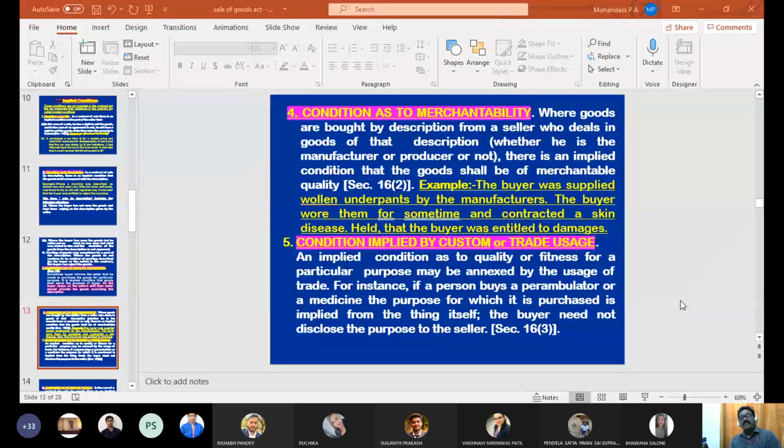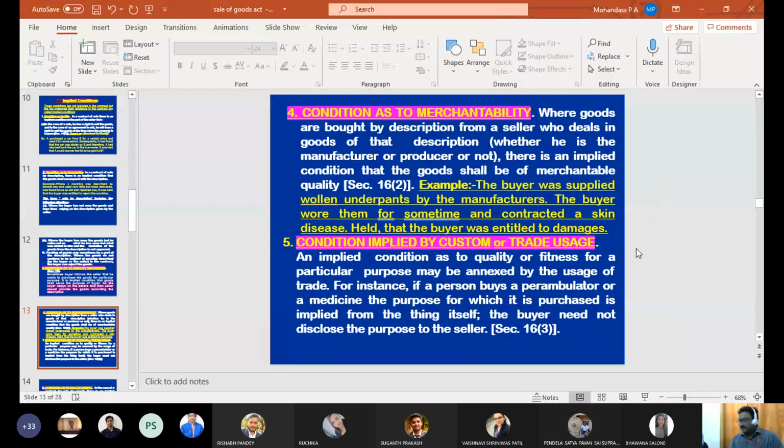My grandpa sustained some injuries. Do you think I will keep my head under the blanket and sleep for 24 hours, or will I file a suit in the court? I will definitely file a suit in the court. On what ground? Violation of implied condition as to custom, trade, or usage.